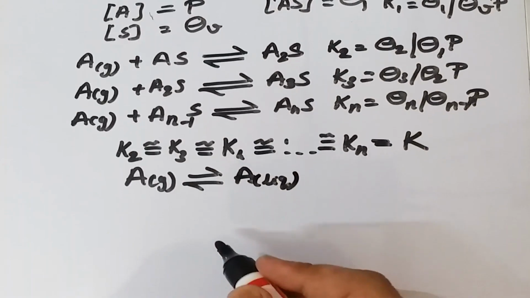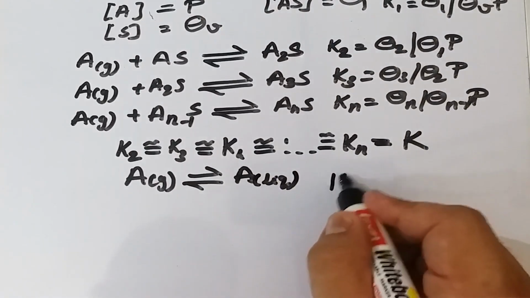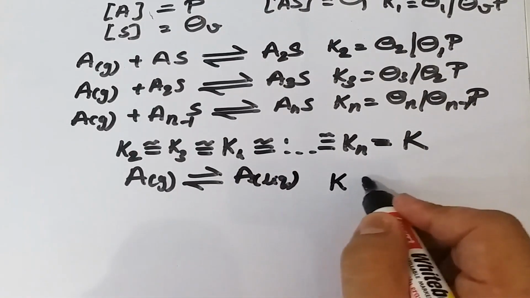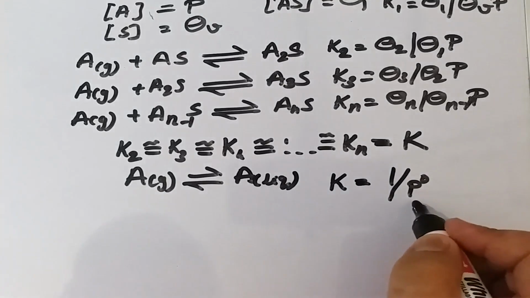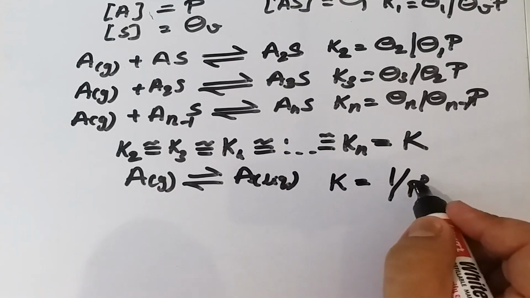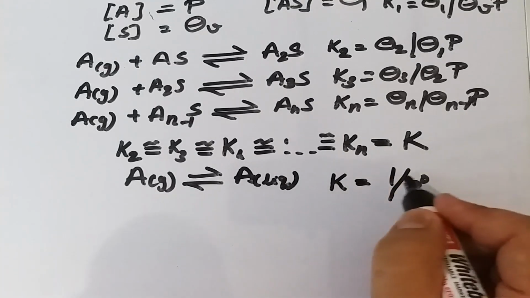And whenever a gas molecule is converted into liquid, K is equal to 1 upon P0, where P0 is the equilibrium vapor pressure of the liquid. So this is the value of K.